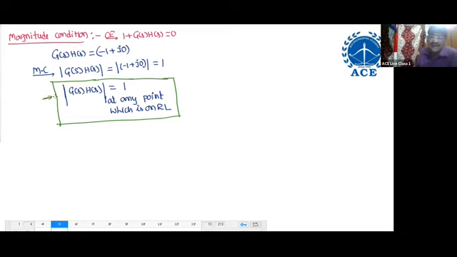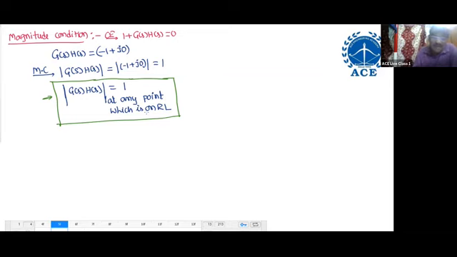Once the angle condition is satisfied, then only we can apply the magnitude condition. The magnitude condition is valid only for points which lie on the root locus.